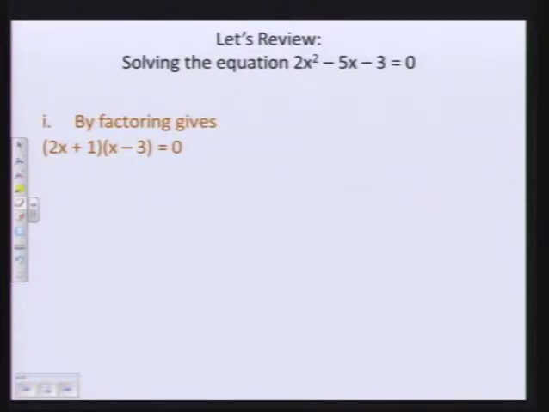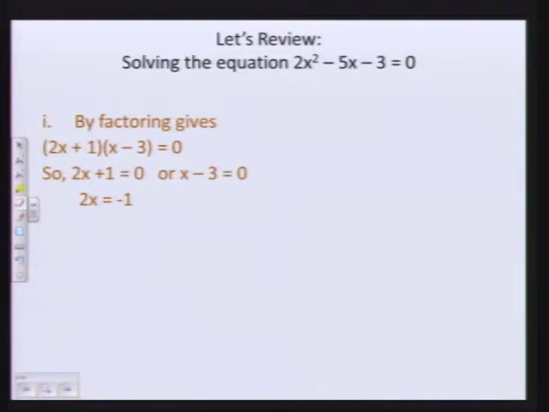We're able to factor the quadratic portion on the left-hand side into two factors. By the zero product principle, we set each factor equal to 0: 2x plus 1 equals 0, or x minus 3 equals 0. Now we solve each of these for x.